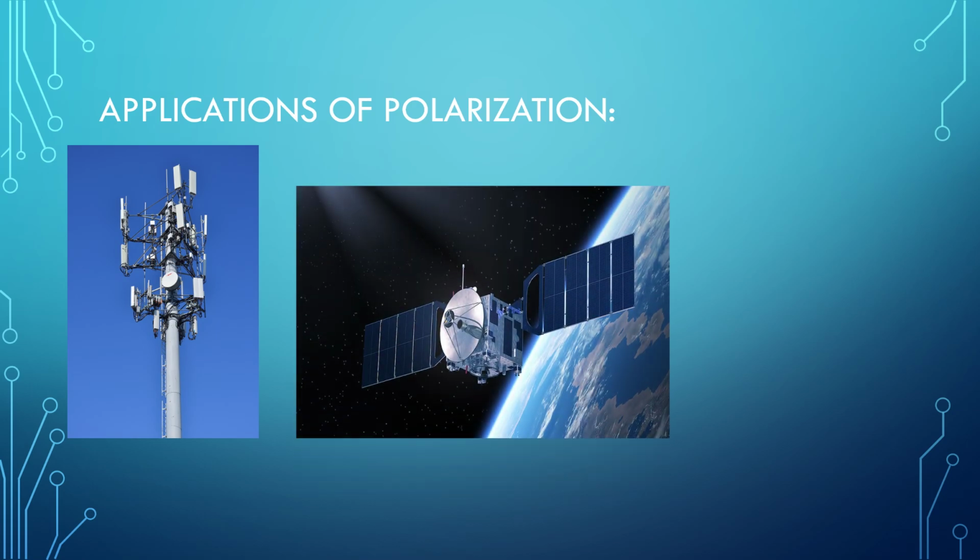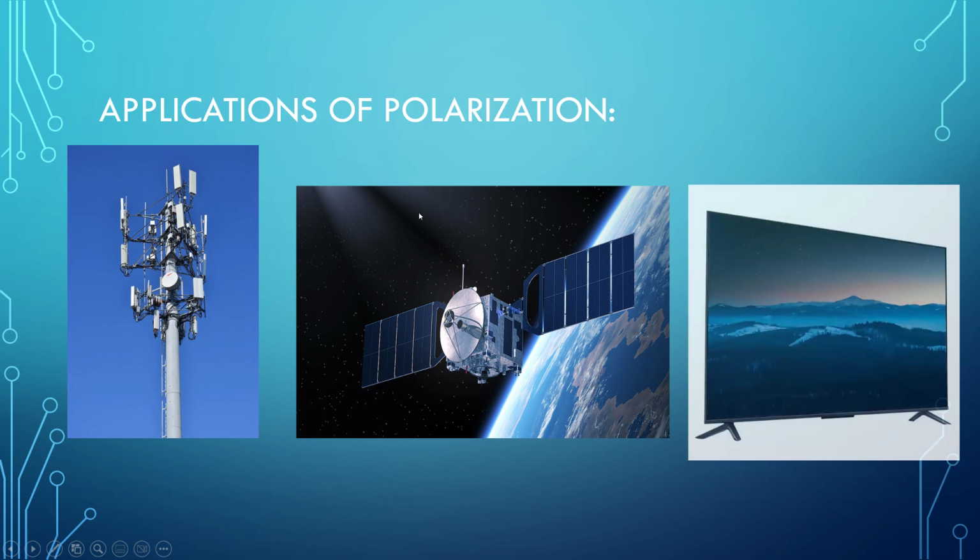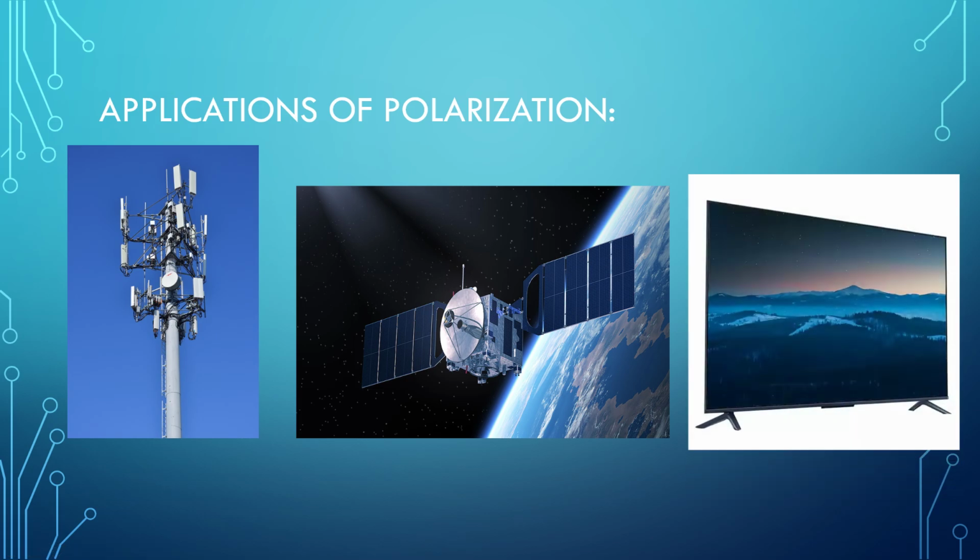The other example is satellites, which use circular polarization to transmit data without interference, regardless of orientation. And the last example we have today is LCD screens, which use polarized light to display images.